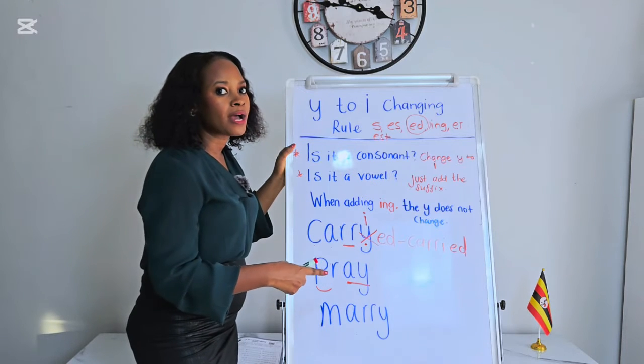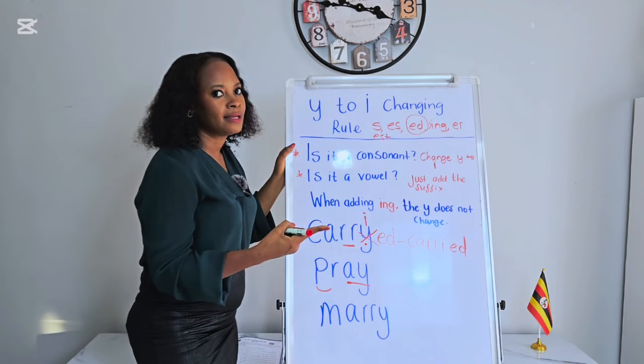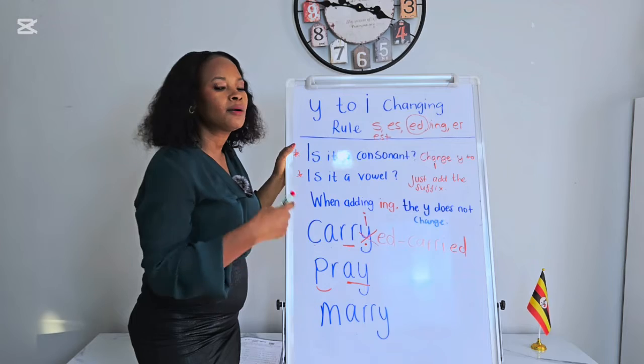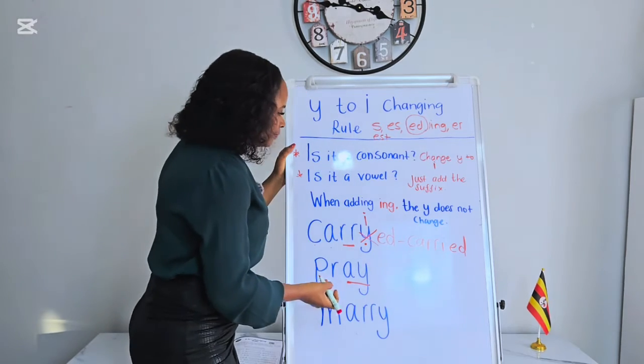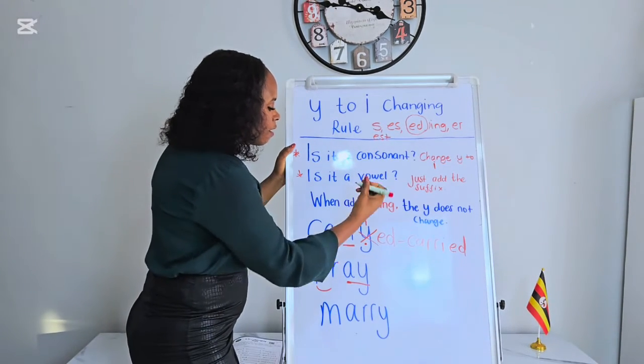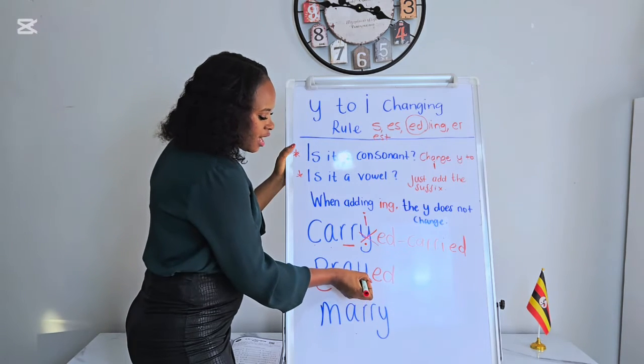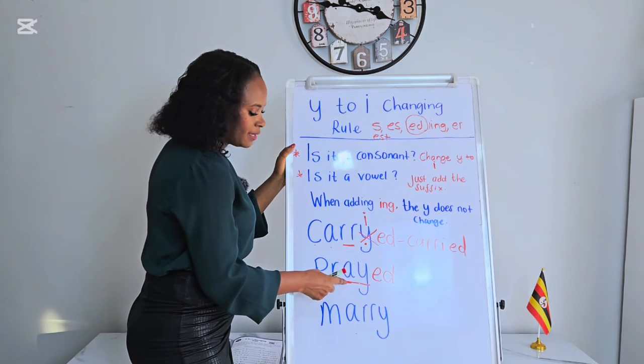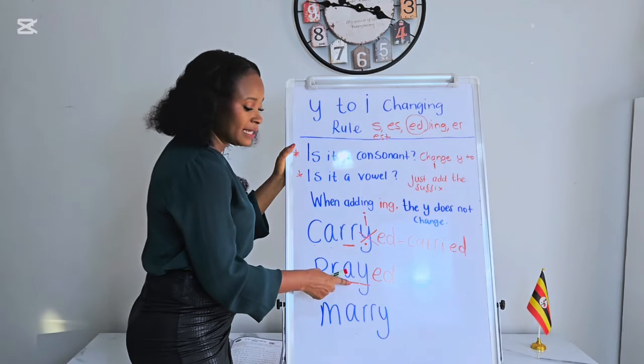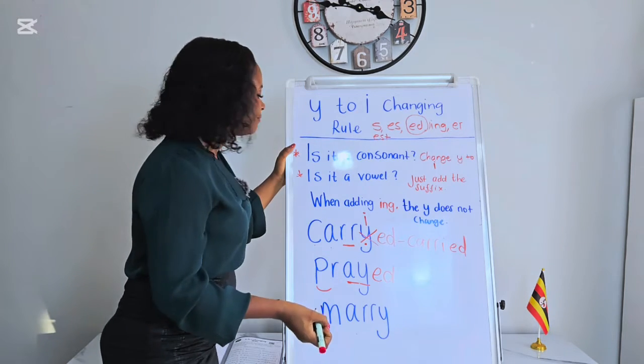We want to write the word pray in past tense. What is it? It is prayed. Okay. The rule says if it's a vowel, just add ED. Do not change the Y. Why? Because the letter before the Y is a vowel. Okay.